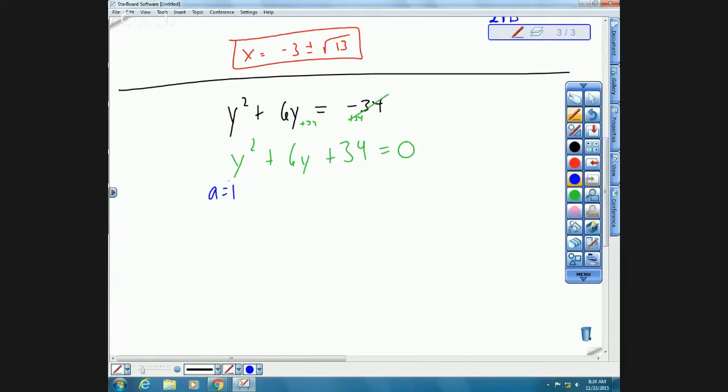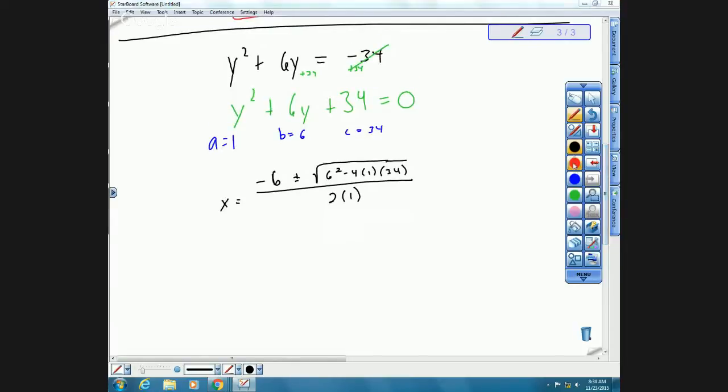So here again, my A is 1, my B is 6, my C is 34. So I do the opposite of B, plus or minus the square root of B squared minus 4 times A times C, all over 2 times A. I pull the radical to the side to work it out.